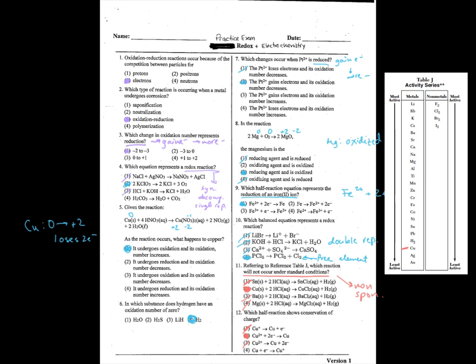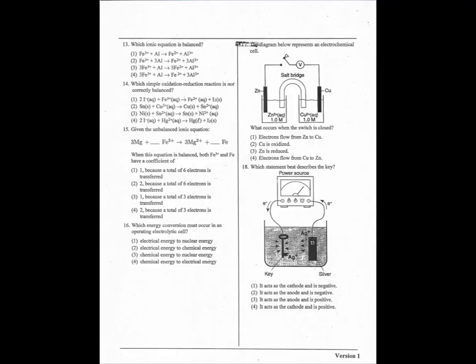It becomes 0, and it's being reduced, so it's conservation of charge to balance it out to 0. So in terms of ionic equations being balanced, we need to make sure the number of electrons lost equals the number of electrons gained. Okay, so we have to go through each of these choice by choice. So Fe3+ going to Fe2+. So that's one electron being exchanged there.